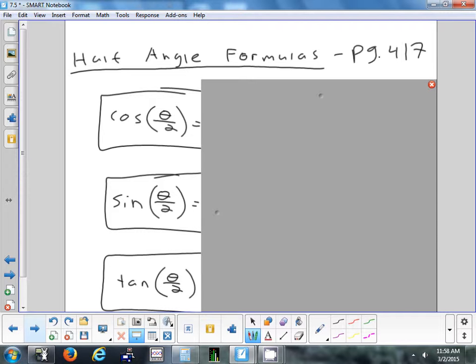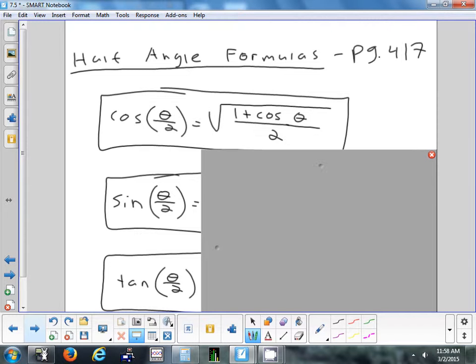So it's like the idea of double an angle, except it gives you a way that if your angle was cut in half, to write a formula where the angle is not cut in half. So it kind of gets rid of the dividing the angle by 2. It's not a very clean formula. It's a square root of 1 plus your cosine of your angle divided by 2.